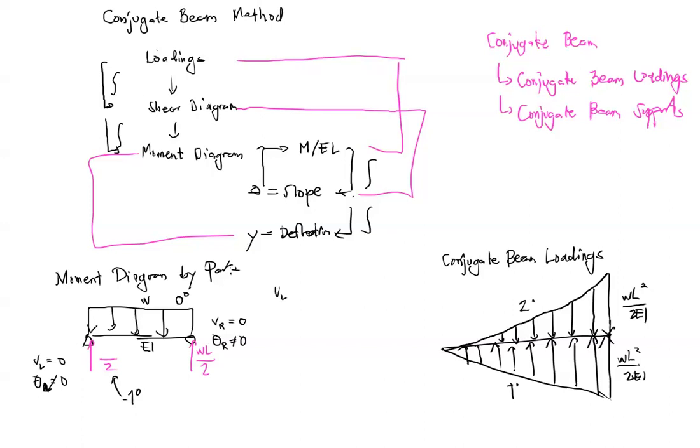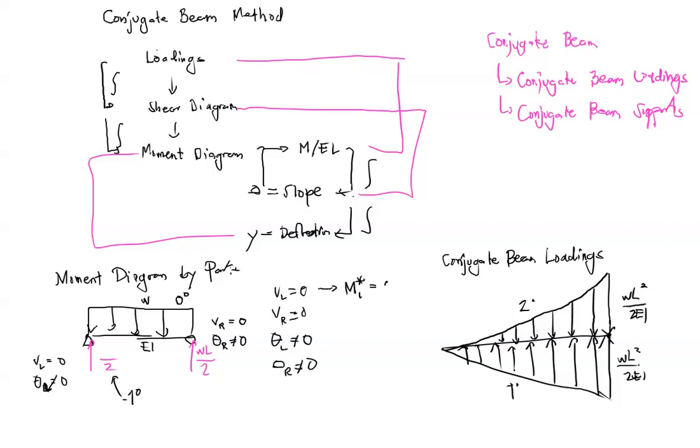So VL is equals to 0. VR is equals to 0. Theta L is not equal to 0. Theta R is not equal to 0. How do we convert that? So, isipin mo na ang katumbas nito ng deflection is yung internal bending moment ng conjugate beam mo.